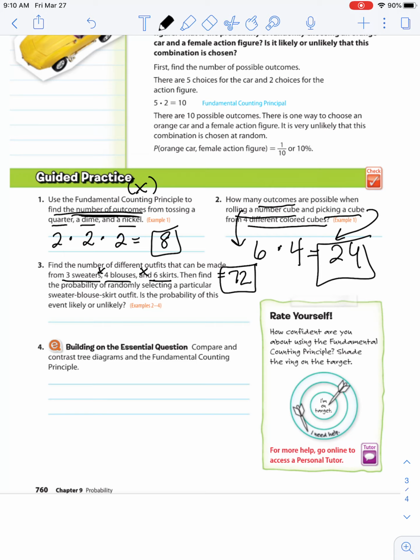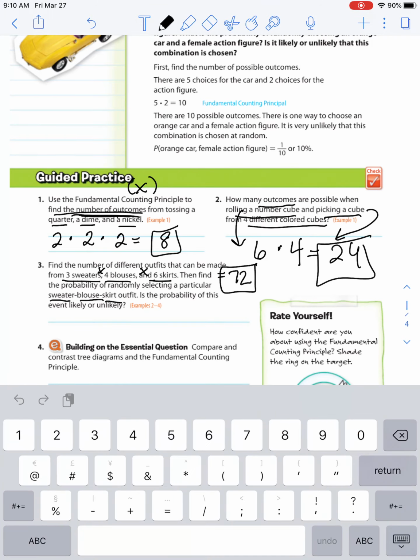Then we want to find the probability of selecting a particular sweater, blouse, and skirt outfit. And is the probability of this event likely or unlikely? So for choosing a specific sweater, it would be a 1 in 3 probability.